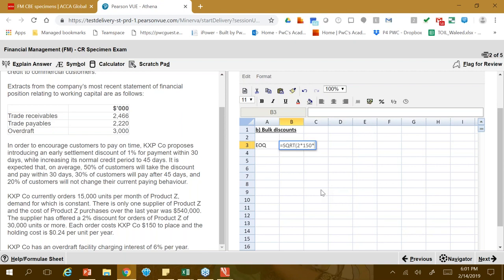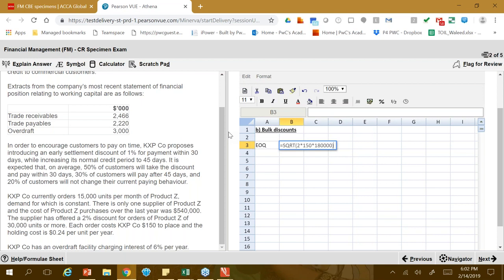The annual demand is here: 15,000 units per month into the 12. That is easy, 180,000. So we can put the 180,000 here, or you can do 15 into 12 as well.